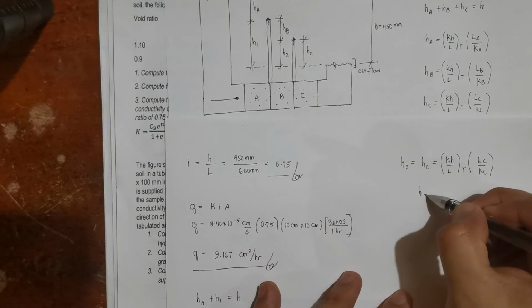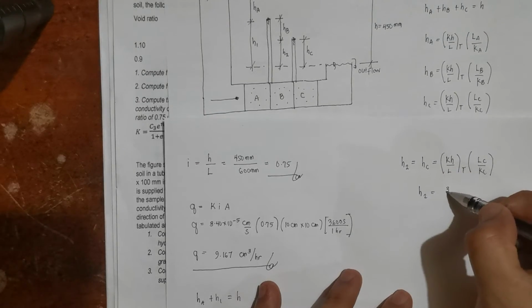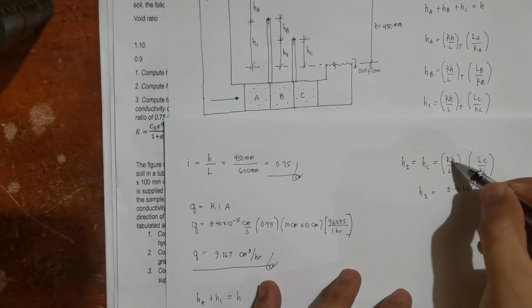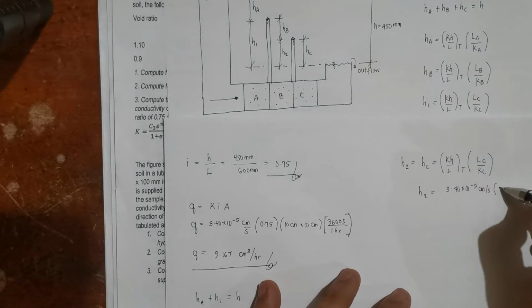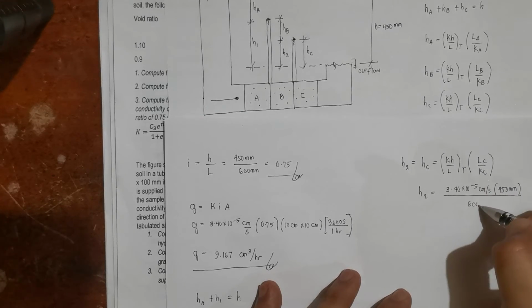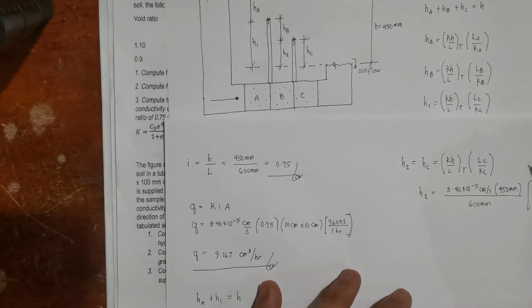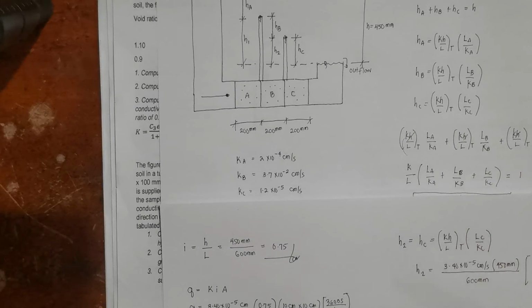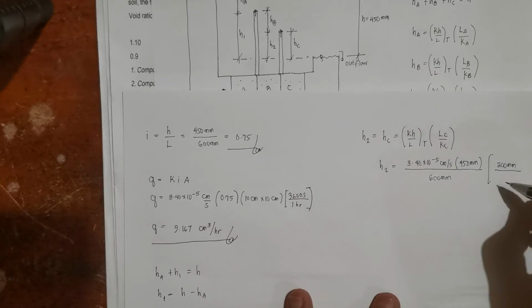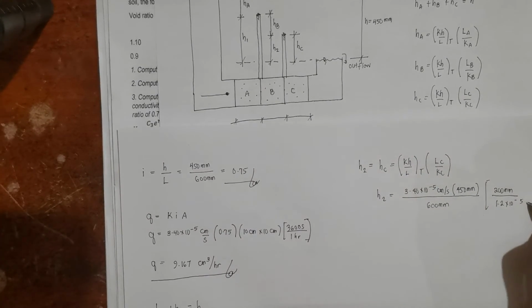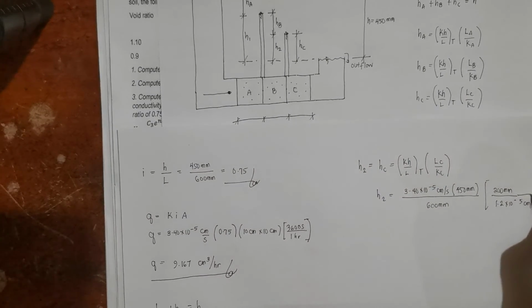So substituting now the parameters, H2 will be equivalent to K multiplied by H, total head loss 450 millimeters over the total length, multiplied by the length of soil layer C, that will be 200 over the hydraulic conductivity of soil C, 1.2 times 10 raised to negative 5 centimeter per seconds.